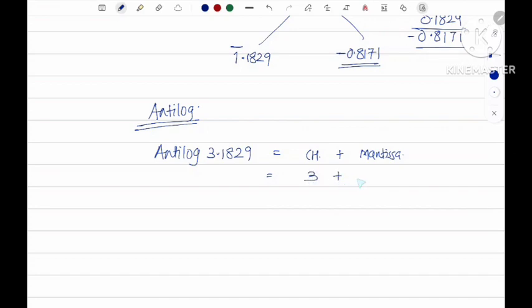So 3.1829 will be written as 3 plus 0.1829. This number will tell you where the decimal will be placed, and this number will tell you the antilog. So let us see the antilog of 0.1829.